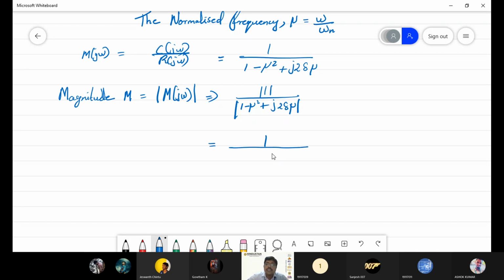The denominator will become root of 1 minus mu square the whole square plus 2 del mu the whole square. So here you can see we substitute that formula: for a plus ib, the modulus is root of a square plus b square. The similar thing we substitute here also.